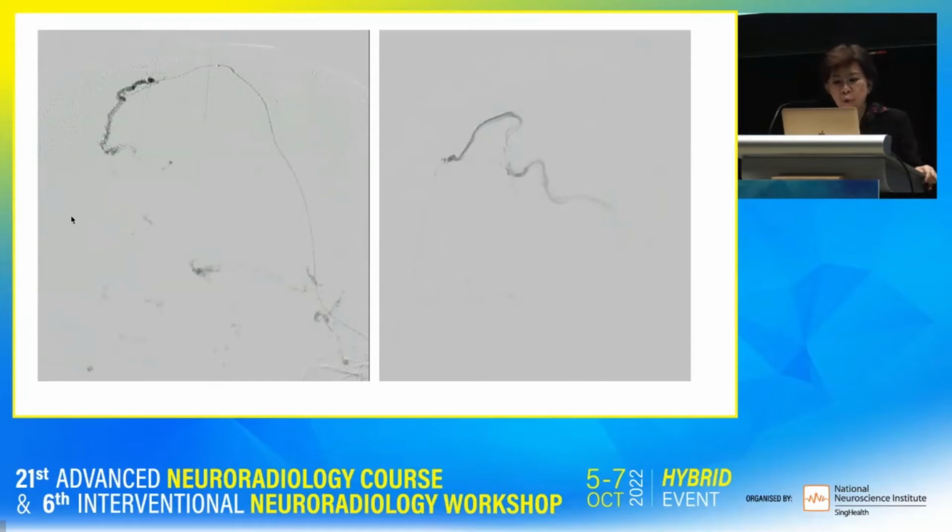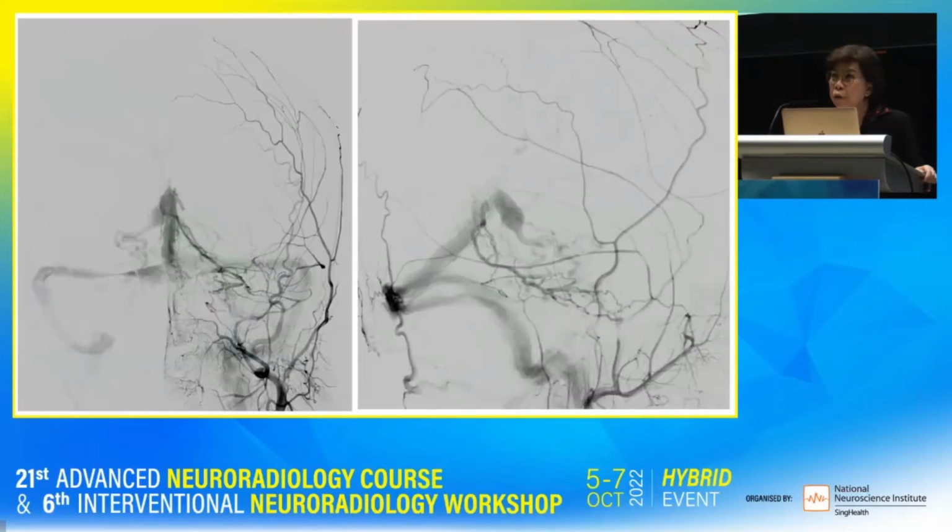So it's easy to go with the first one first. This is glue. In the past, glue was almost our favorite. And after that, we go to this one. And you can see that from the vein of Galen, they also reflux into the cortical vein.